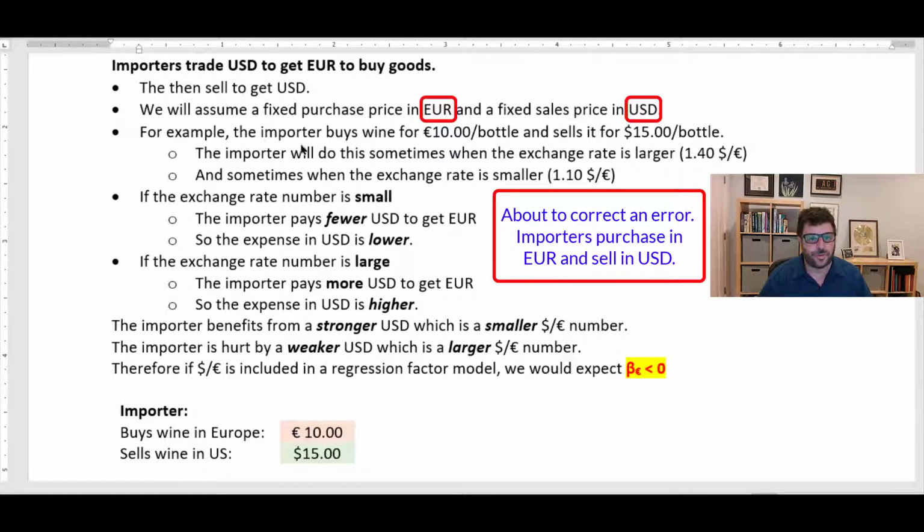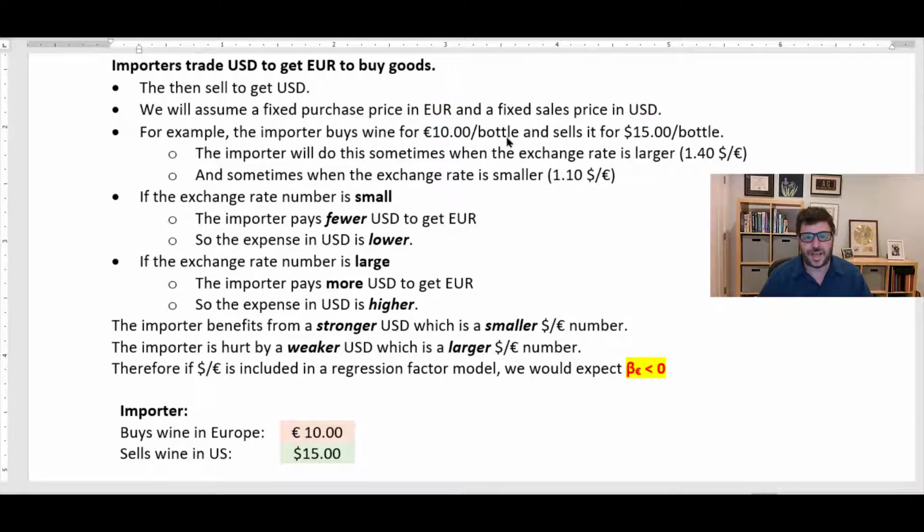So for example, the importer buys wine for 10 euros per bottle and sells it for $15 per bottle. The importer will do this sometimes when the exchange rate is larger and sometimes when the exchange rate is smaller. If the exchange rate is the small number, then the importer needs to pay fewer US dollars to get the euros it needs to buy the bottle.